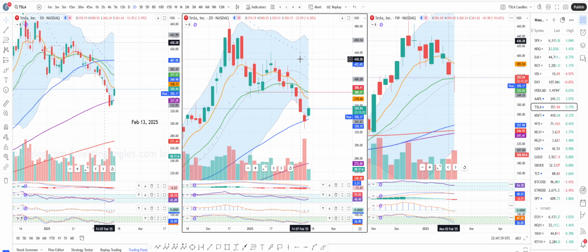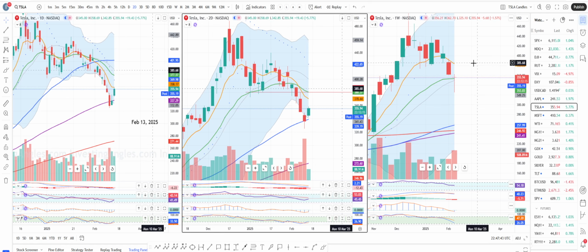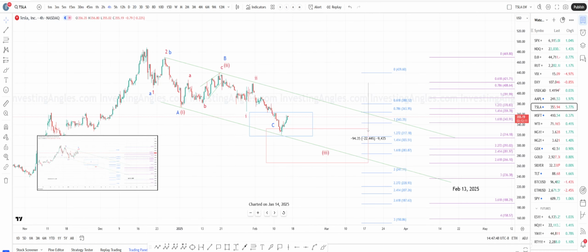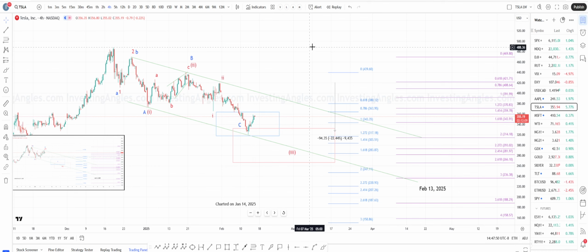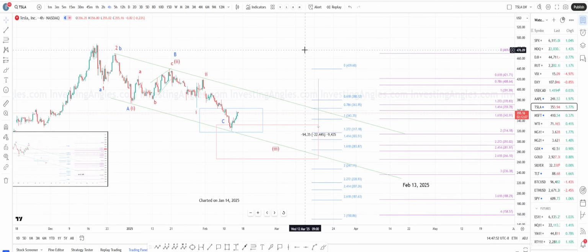So we are expecting it to come tomorrow with the weekly frame or the 2 and 3 hour frames. So this was our path for Tesla. So far it's been followed, and we'll see how it develops from now on.